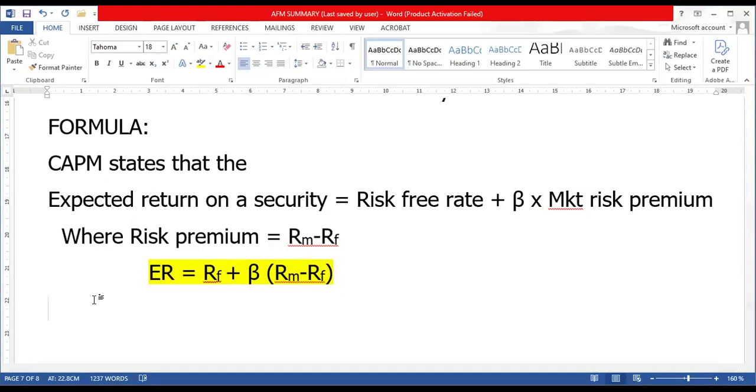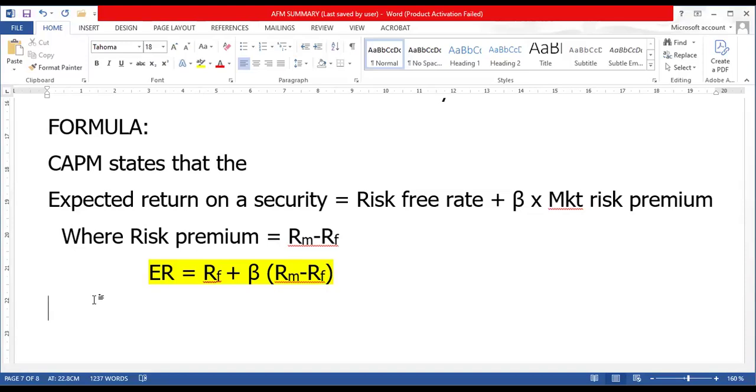Maybe they give you everything and you get the risk-free rate of return, or the beta, or the risk premium. So in your exam, you just need to open your mind and read the case study. Know what you're given and what you need.